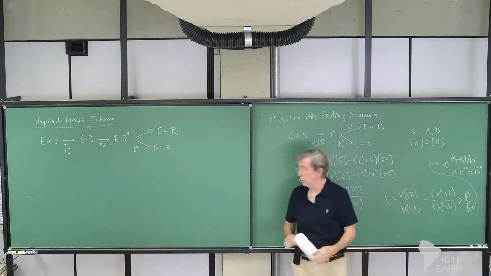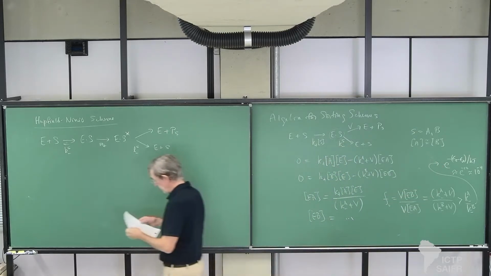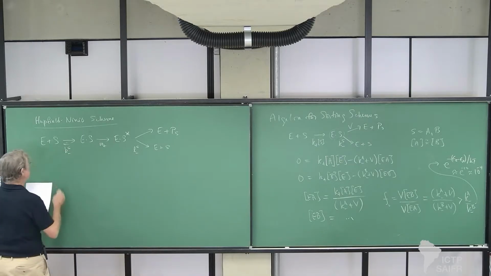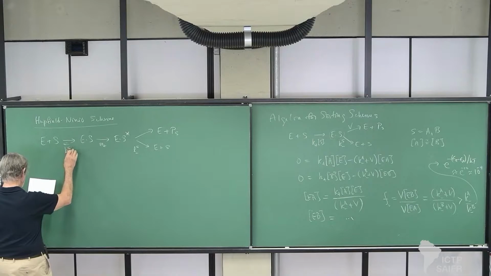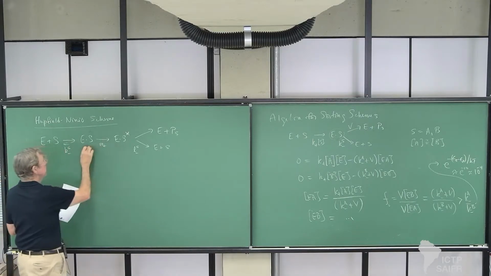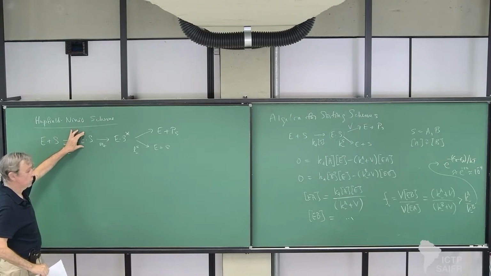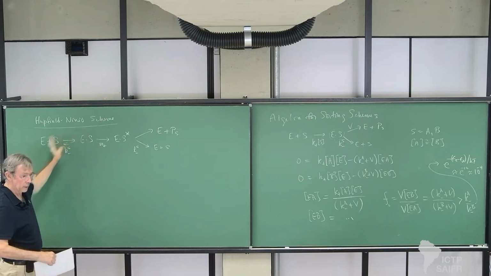So we let it run to steady state, and there are two places where steady state is established. The concentration of the original bound complex is now constant. I keep feeding stuff in.